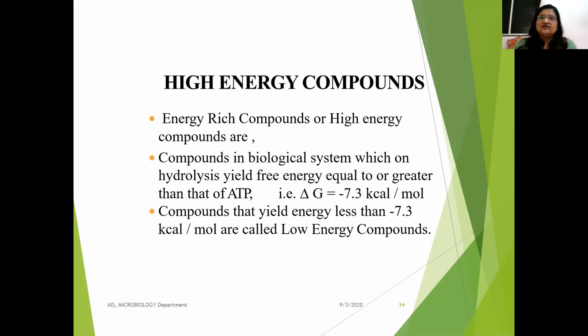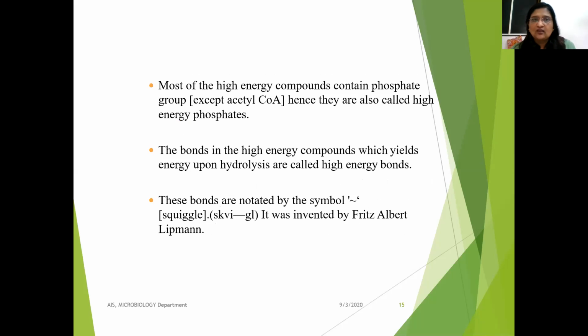When this energy is less than minus 7.3 kilocalorie per mole, it is a low energy molecule. Most of the high energy components contain phosphate groups, but there are certain exceptional cases such as acyl coenzyme.